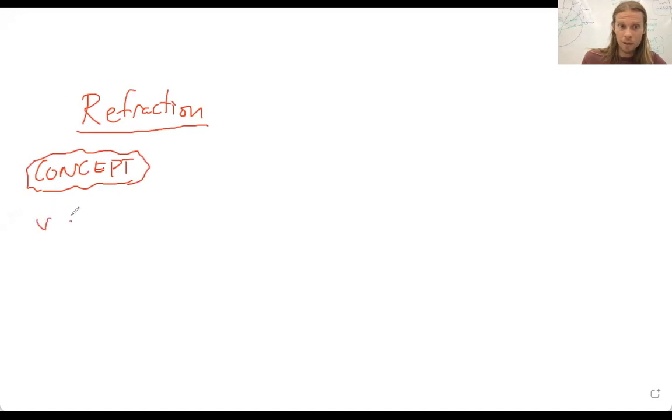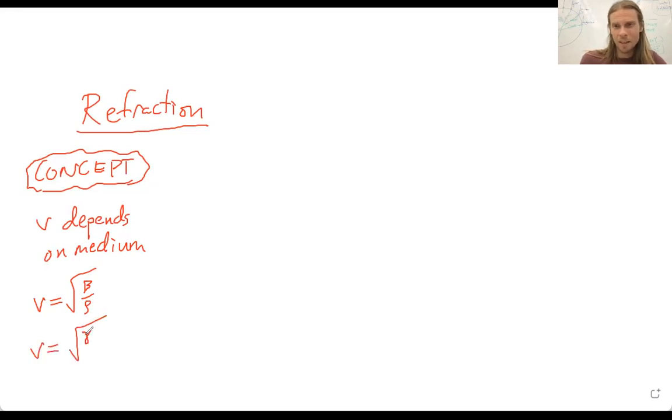The velocity depends on the medium. And at some point, specifically next week, I'm going to ask you guys to use these equations, right? And I actually think it's supposed to be gamma, not mu. Sorry if that's confusing.